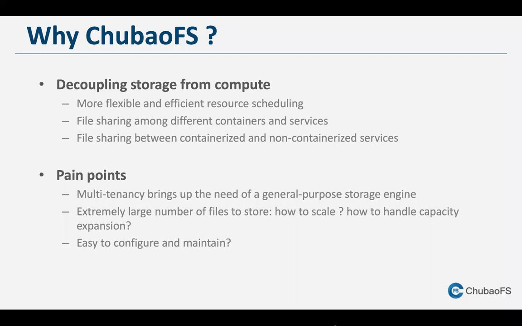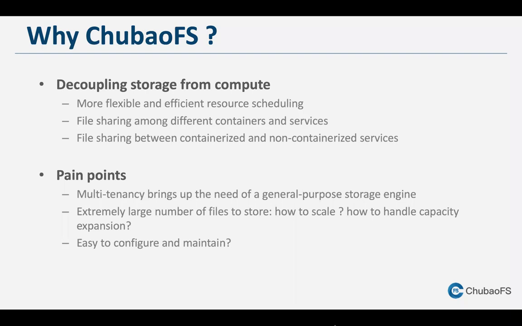We have lots of different applications and services running together on the same container platform. So this may cause an extremely large number of files that we want to store. Then how can we store it? How can we scale it?